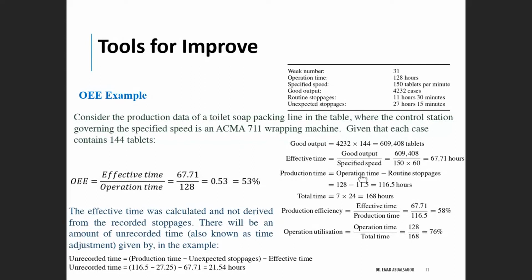Those are routine and considered to be happening in your process. So the production time is 116, and as you see, the operation time is 128. There is a small difference between them, about 11 hours.